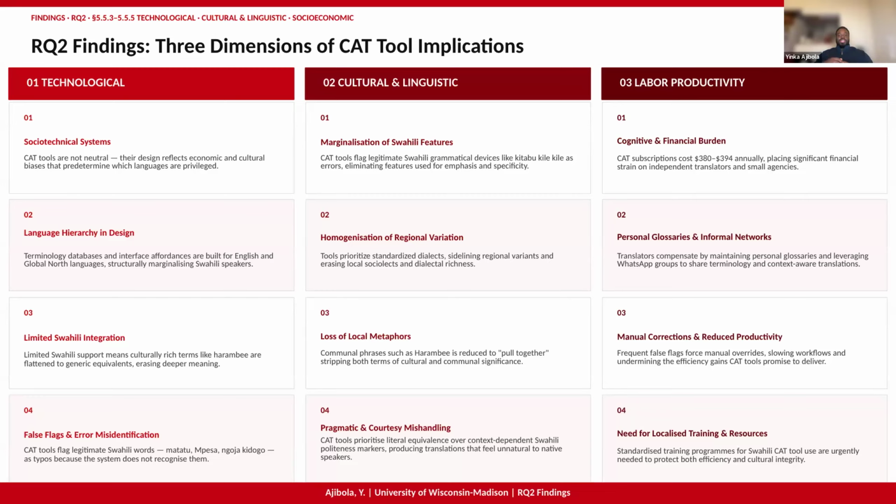As a result, local terms, for example, in Kenya, if you've heard about the word Harambee, are reduced to simply English equivalents. In some cases, this translation may be technically correct, but the issue here is that they strip away the cultural and the social meaning attached to these expressions.